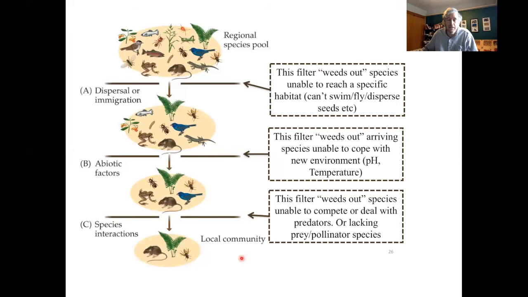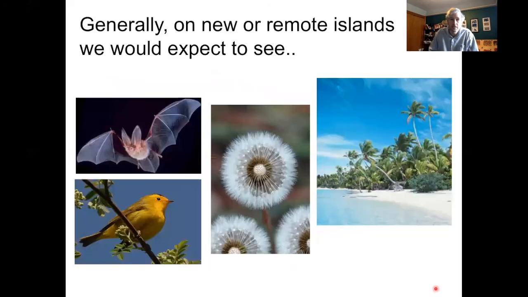And so generally, based on this whole idea, what we'd expect to see on new islands, we would expect to see species like this. So in terms of animals, you expect to see bats and birds. Both of these species are capable of flight, and being able to fly means that they might be able to cross shortish distances of ocean under their own power, but also if you're flying and you get caught up in a storm, you can actually travel pretty spectacular distances, not entirely on purpose, but it is possible.